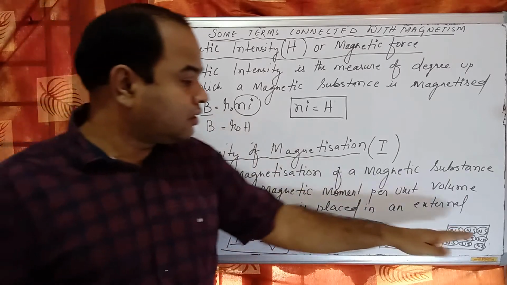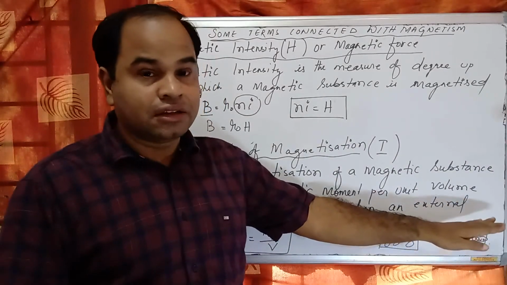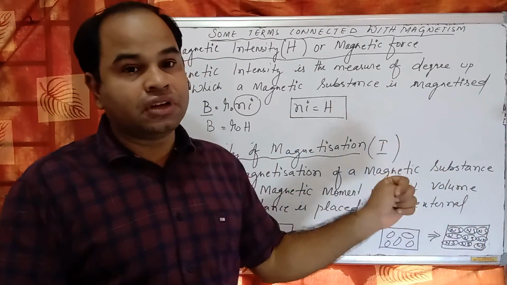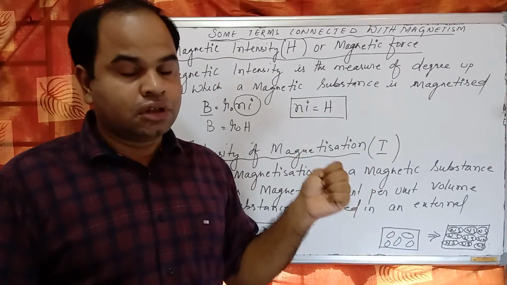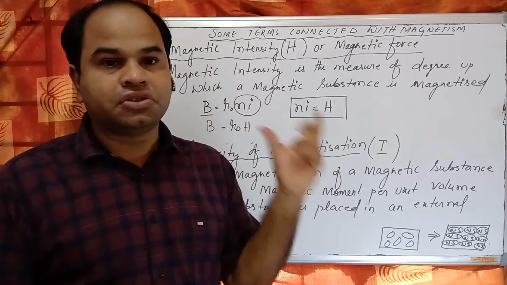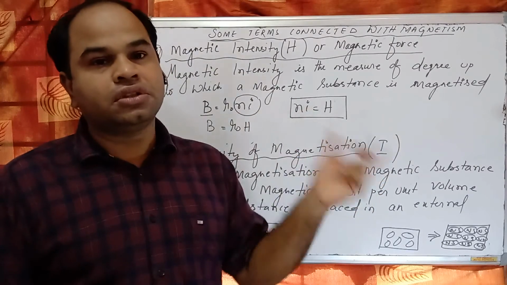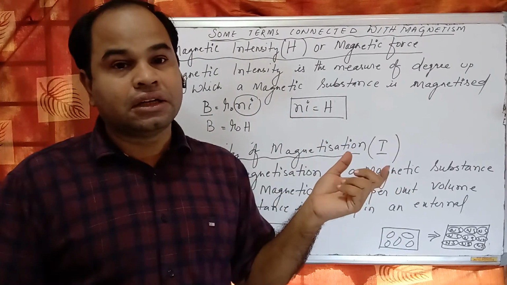When the dipoles are aligned in a particular direction, they will have poles and pole strength. So when pole strength comes, there will also be a distance between them. Pole strength into distance is called magnetic dipole moment.